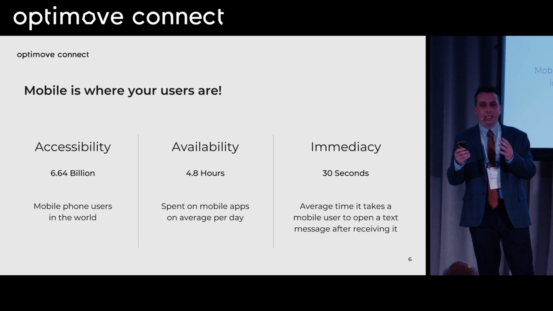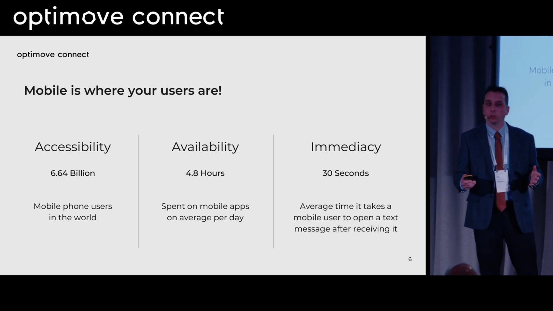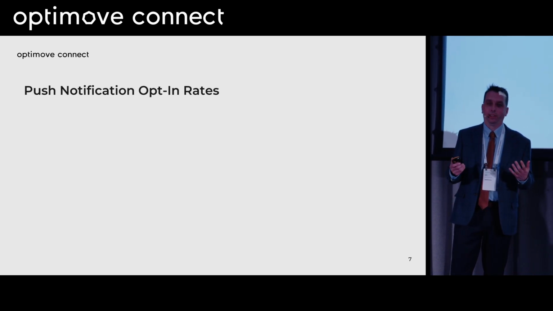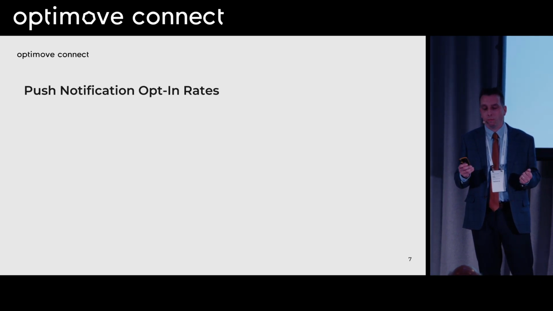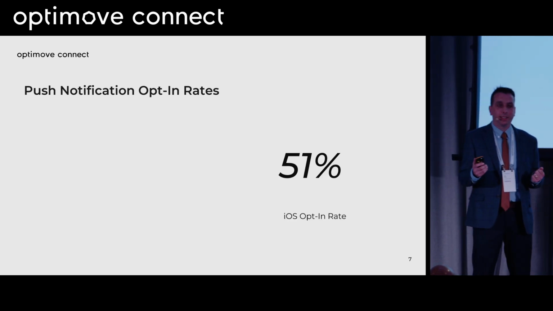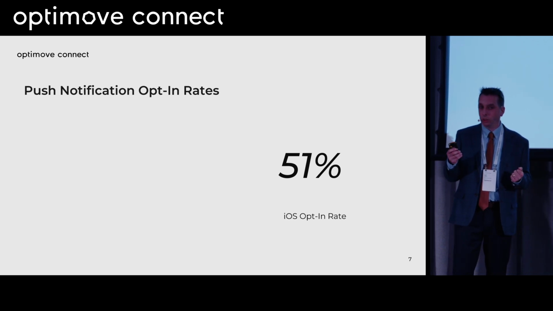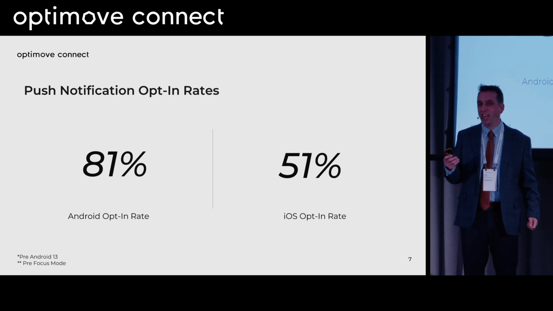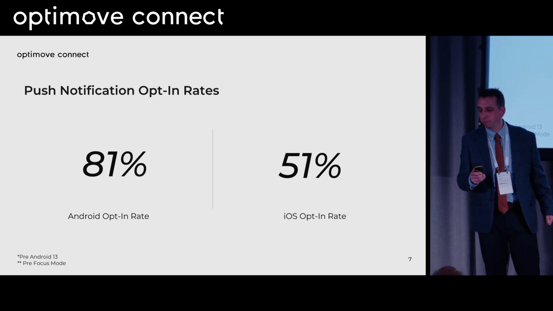But that's all well and good, saying we have 6.5 billion mobile devices. How reachable is your audience? How many of them have opted in to receive mobile messages? It's another area where mobile channels perform very, very well. On iOS, for app-based messaging like push notifications, we see opt-in rates over 50%. On Android, it's even higher. We see opt-in rates of over 80% for push notifications on mobile devices.